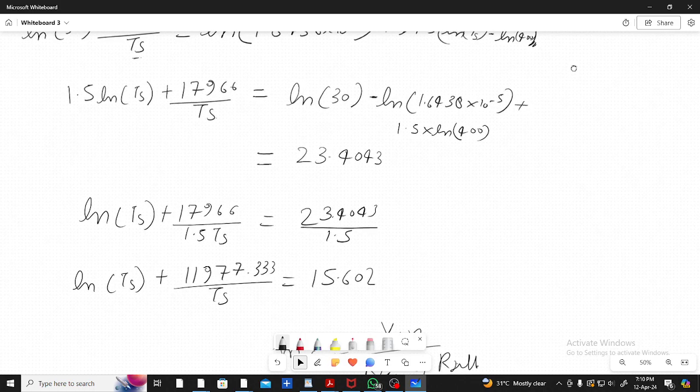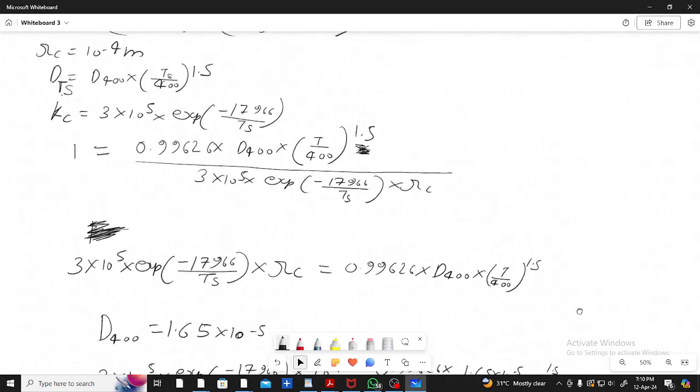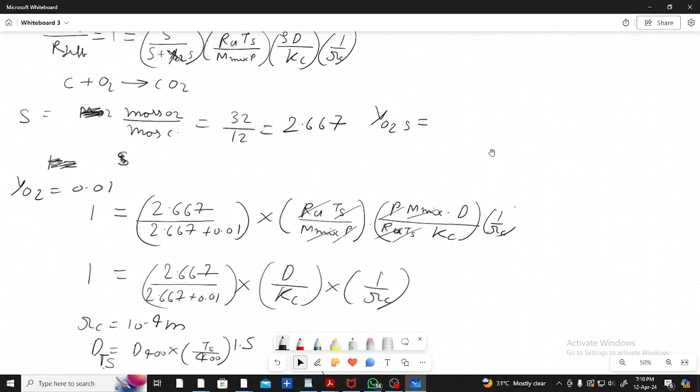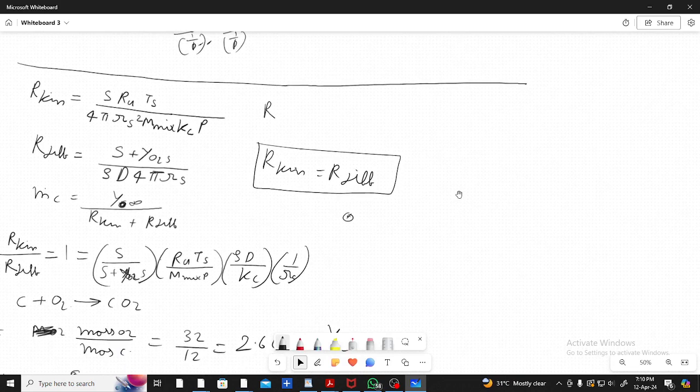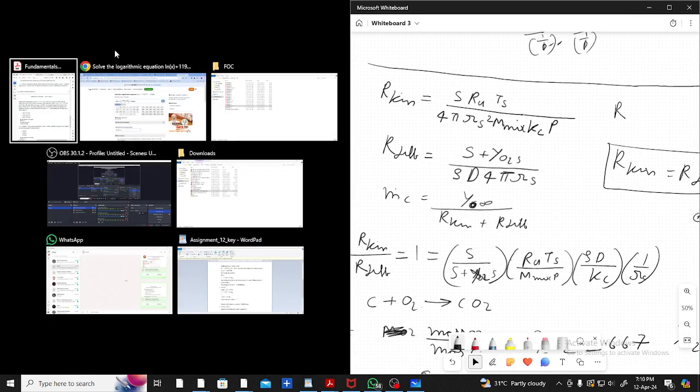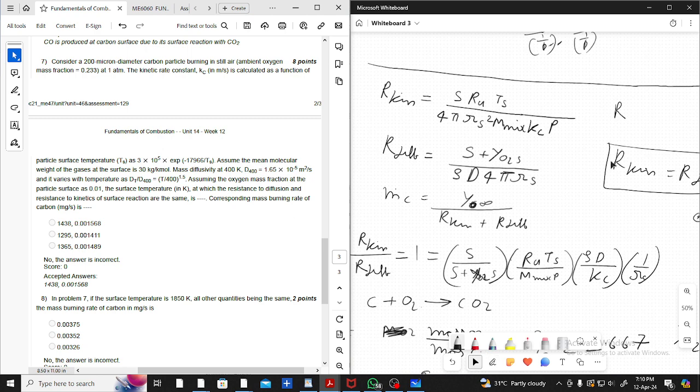You know R kinetic. This is the equation for R kinetic. Now you know Ts is equal to 1438.